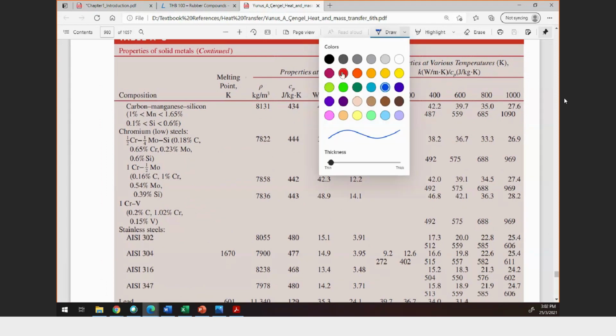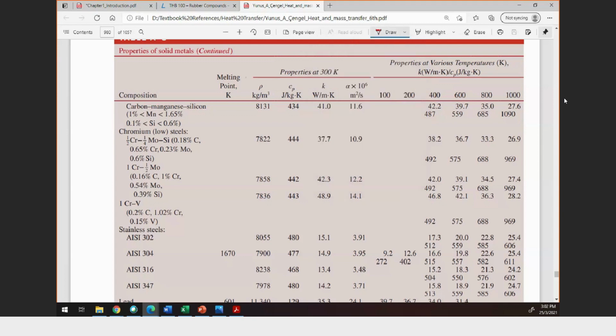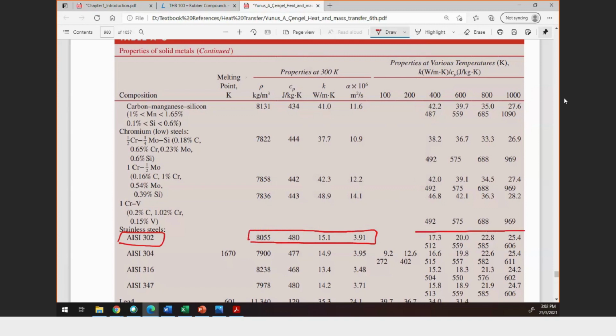My question is, what is the difference? You want to read this stainless steel. You may find this value and you also find this value.